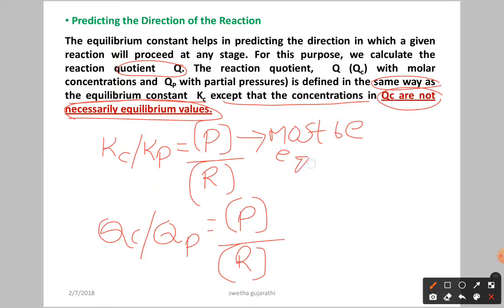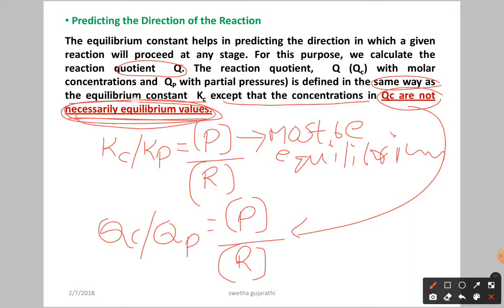In case of Q, it is not mandatory that they be equilibrium concentrations.